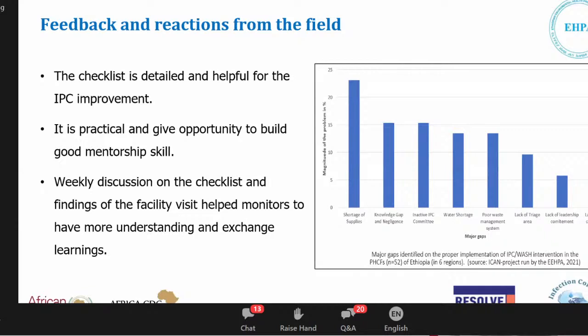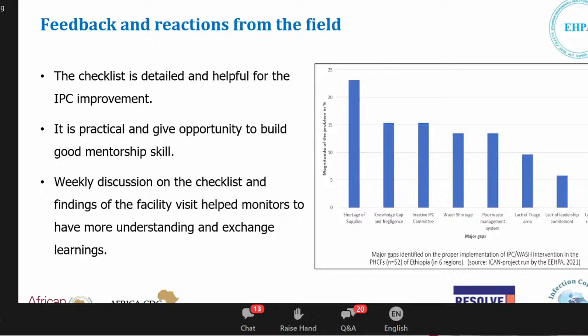Even for regional and national staff, the checklist is very nice and practical. And as we have weekly discussions on the checklist and findings, we use this color coded dashboard to easily observe the progress.